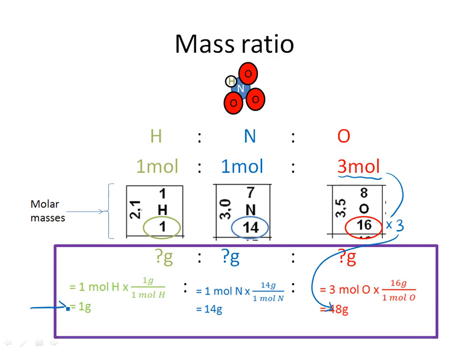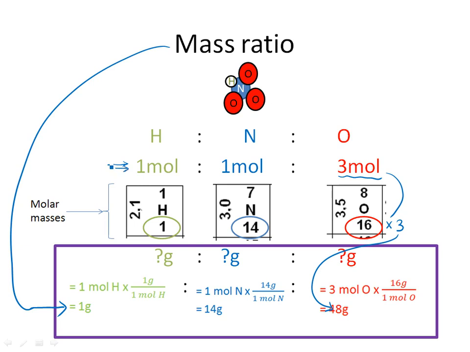So here we now have the mass ratio in nitric acid. 1 gram H for every 14 grams N for every 48 grams O. Notice that is quite different to the particle ratio, 1 mole H to 1 mole nitrogen to 3 moles O.